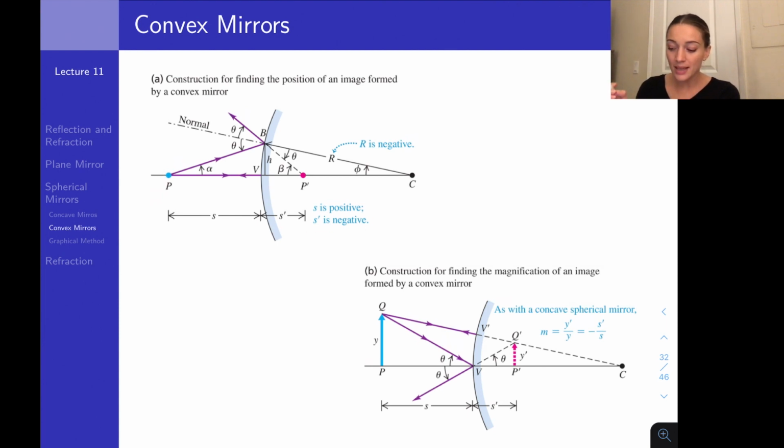But now the image distance, s prime, is negative because if we have a ray that goes here, bounces off, it looks like the ray is coming from a point on the other side of the mirror. So now our image is on the opposite side as the outgoing light, so that is negative.